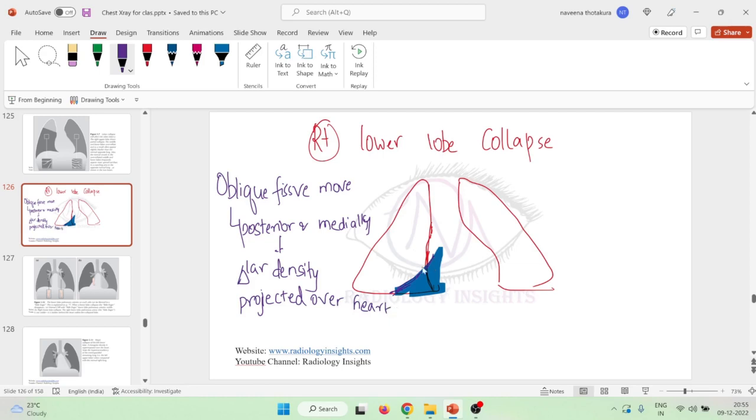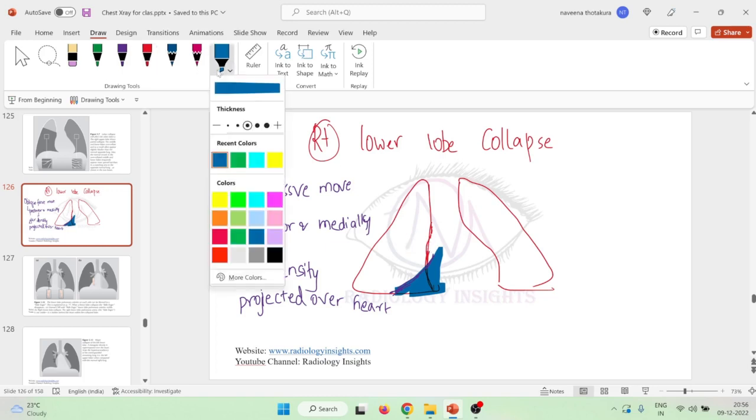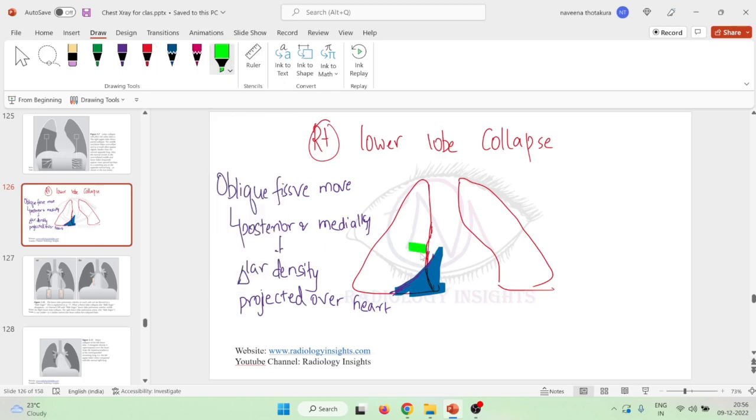Then, because there is collapse of this lobe, the right hilum, which should normally be present here, is depressed. So you will see number 2, a depressed right hilum.